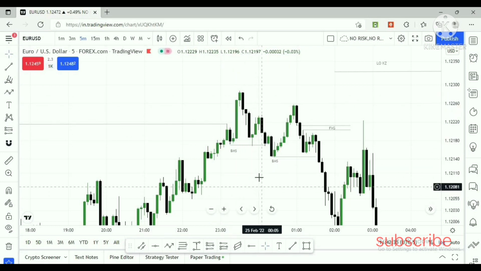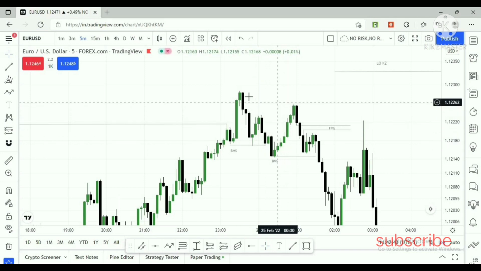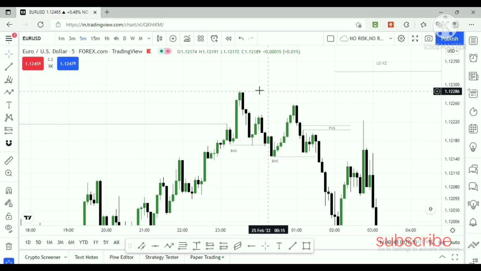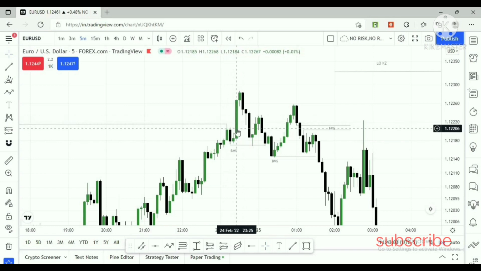Then, Model 12: price should test the order block. You can see after clearing this market structure, price created these three candles as an order block, not only the last up-close candle, these last three bull candles are the order block.